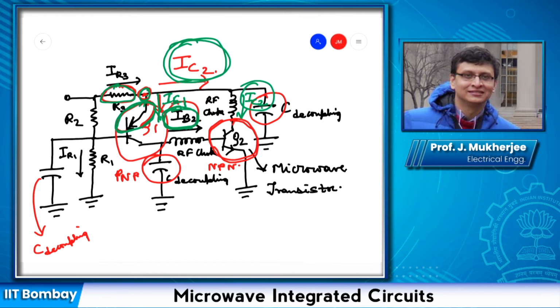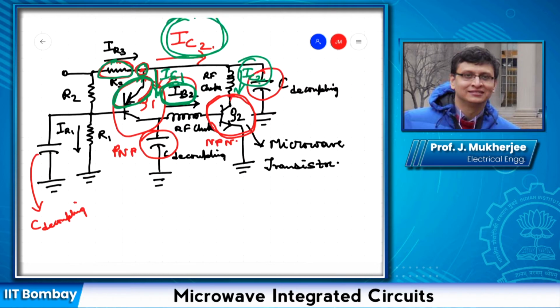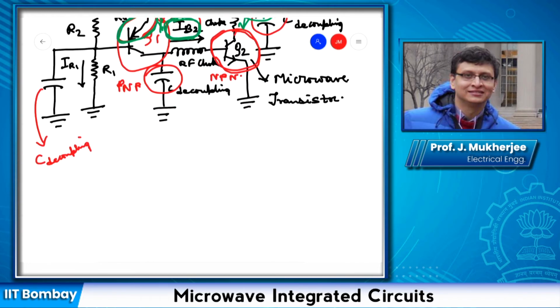Now we can of course have a formula for the IC2, and that is given by, so here VCC is the supply voltage.